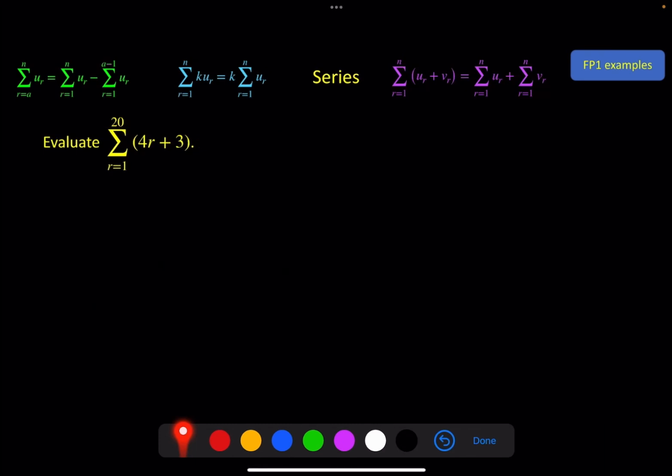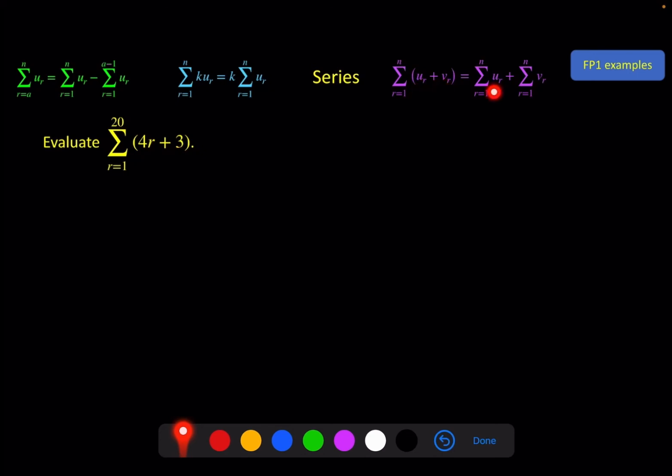In this example we're going to use a few more of these. We're going to use the blue one and the purple one. So we're evaluating from 1 to 20 of 4r plus 3. So here I need to use this first of all, because I've got two separate terms, 4r and a 3, here and here.